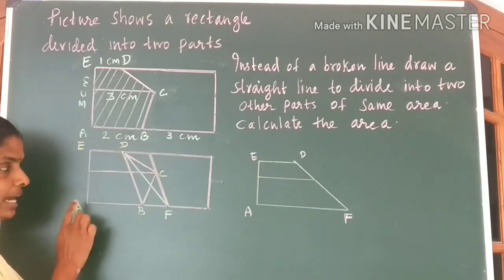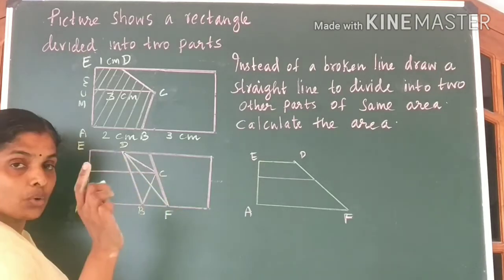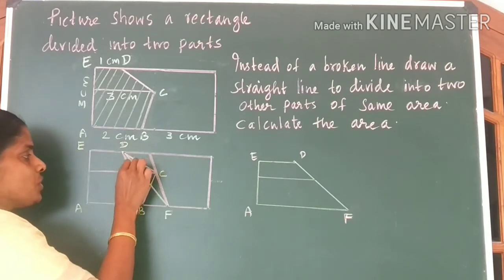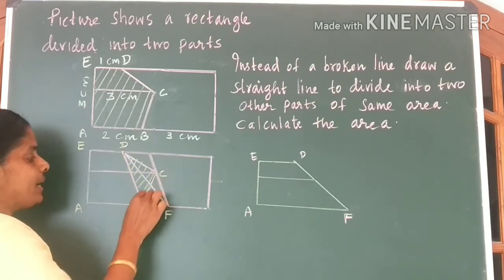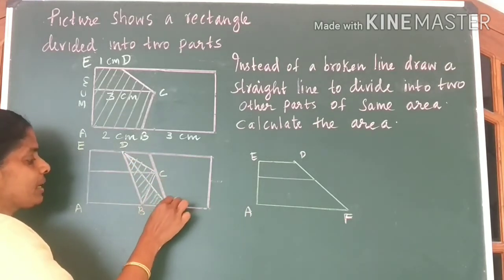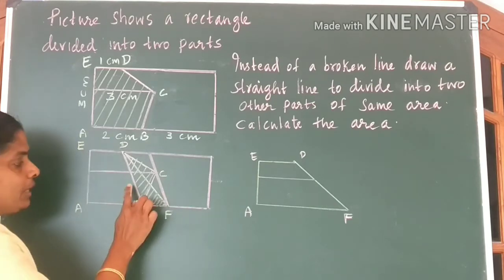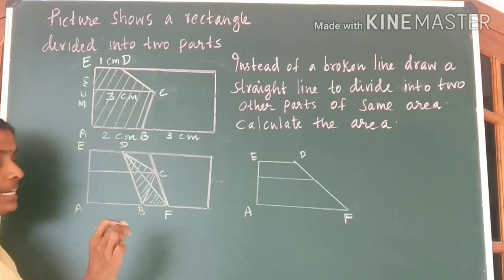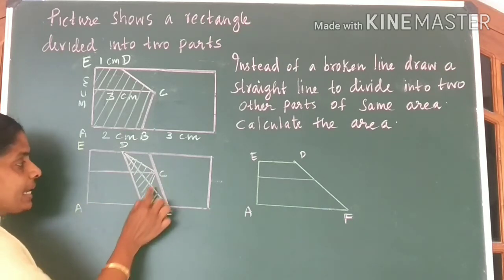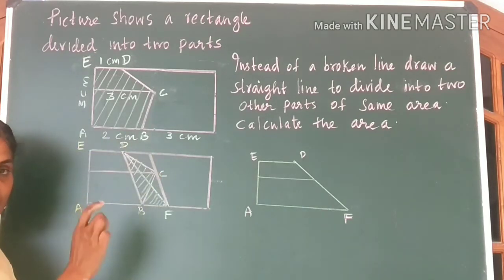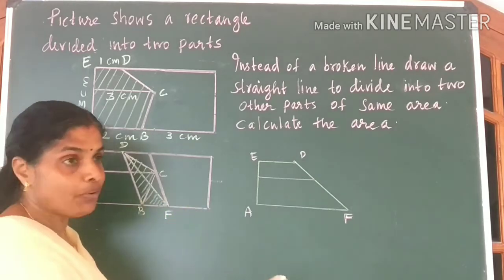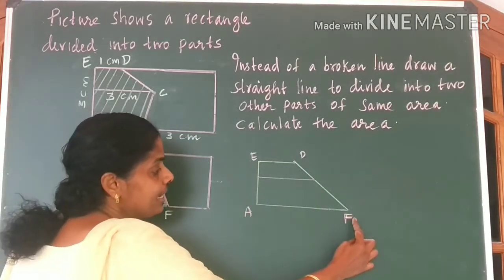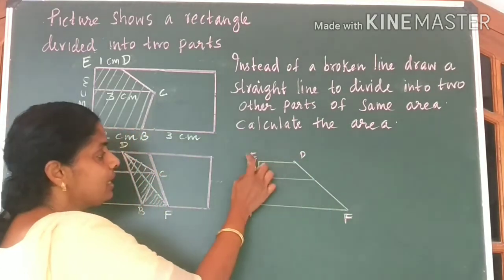ABCDE has now become a quadrilateral. See, I have drawn the figure here. I will show you by shading the figure. Now, if you look at these two figures, clearly you will understand the pentagon ABCDE has transformed into a four-sided figure AFDE.